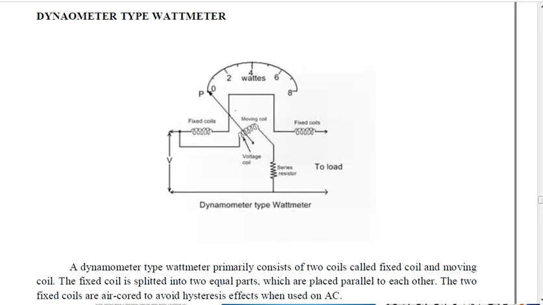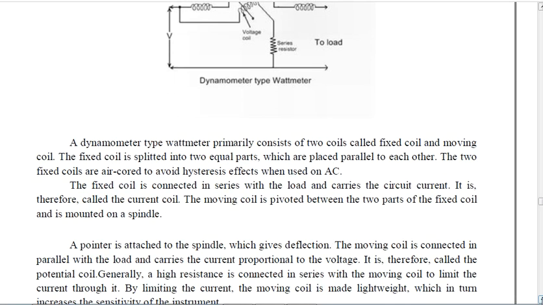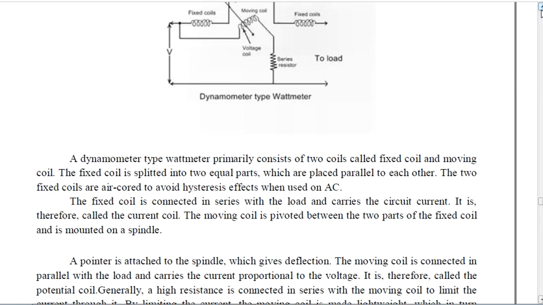Now we will discuss the construction of a dynamometer type wattmeter. A dynamometer type wattmeter primarily consists of two coils called the fixed coil and the moving coil. In the diagram we have already seen the fixed coil and the moving coil.